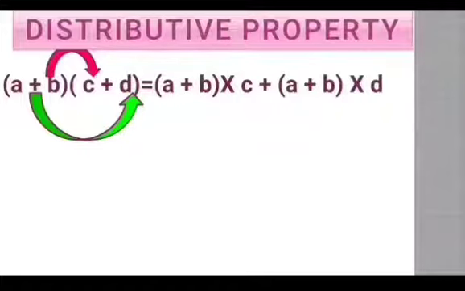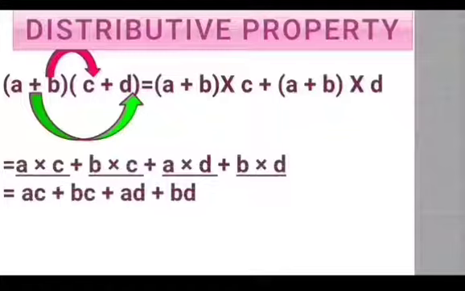Let's come back to the same example. A plus B multiplied with C plus D. We will go for the distributive property. A plus B will multiply with C, then A plus B will again multiply with D. After solving it by again using distributive property, we'll multiply A with C. The symbol of plus will stay as it is. B will be multiplied with C. Let's come to our next bracket.